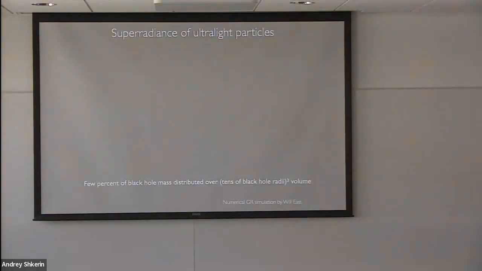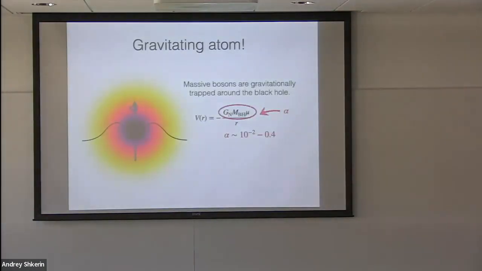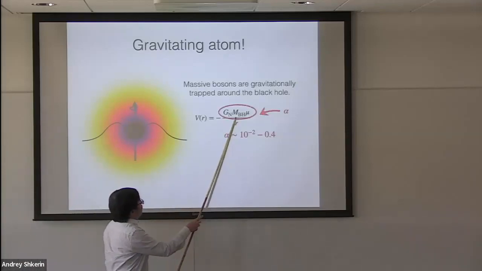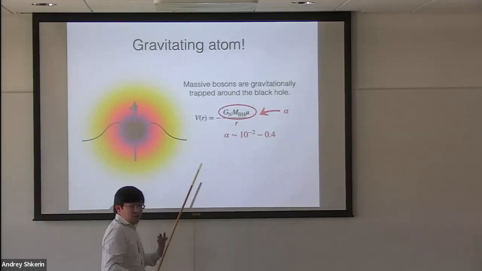How do we understand the value of alpha that you choose? So the value of alpha we're choosing is basically choosing the mass of the photon. If you make it a little bit heavier, then the alpha photon will be bigger for the same black hole mass.